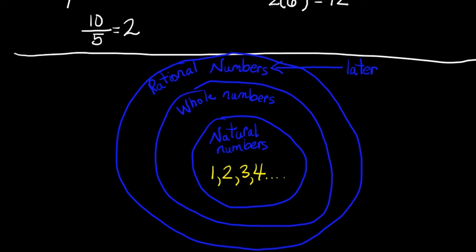There's only one difference between natural and whole numbers. Whole numbers simply include 0. And then they just move on: 1, 2, 3, 4, and so forth. So in algebra, we'll be dealing with all of these types of numbers.